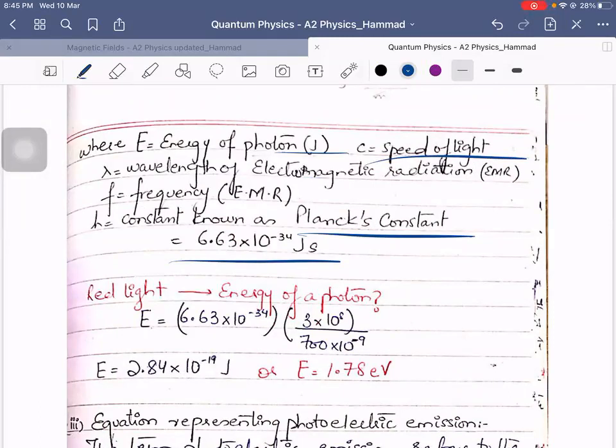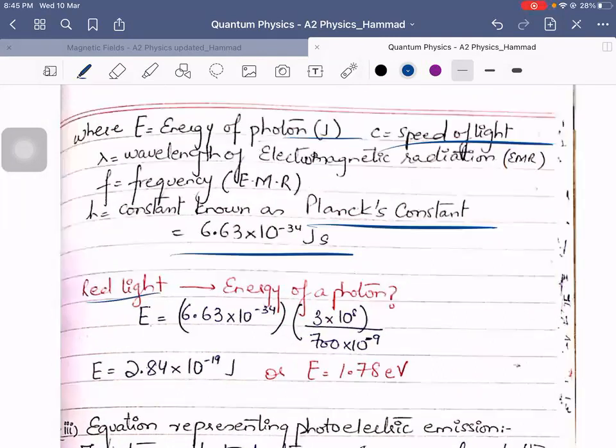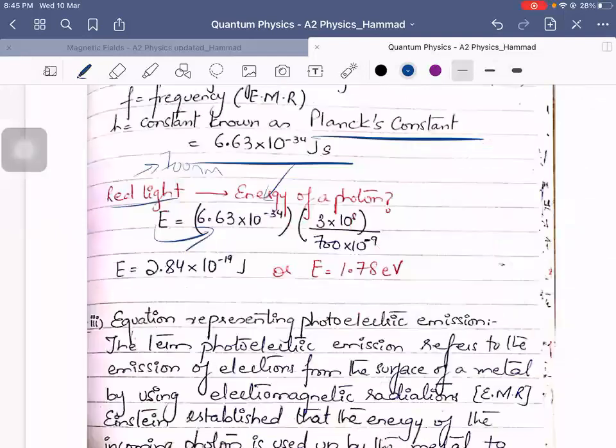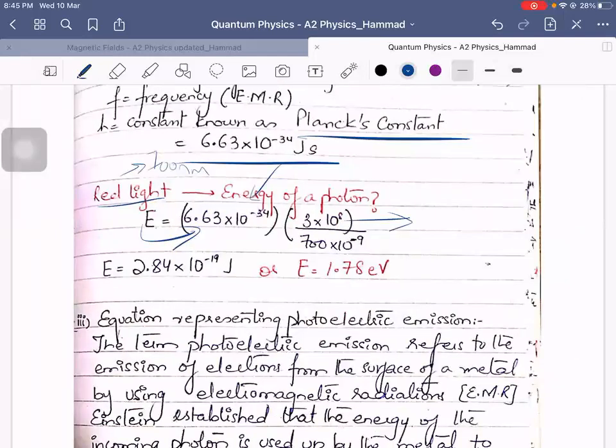Let's say, for example, you had red light and you were asked to calculate the energy of a photon. Now, you know from AS that red light has a wavelength of 700 nanometers. Simply putting it in the equation, Planck's constant is given to you in the data booklet. hc, where c is the speed of light, which is 3 x 10^8 meters per second, divided by the wavelength would give me the value of this amount in joules.